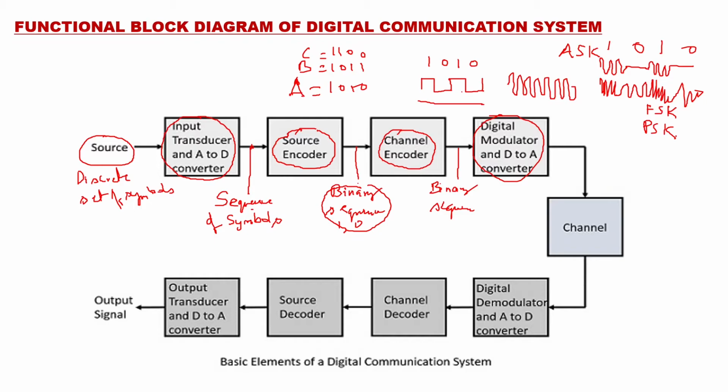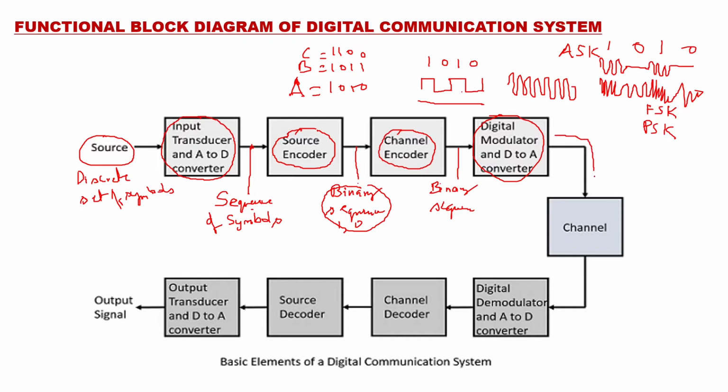Therefore the concepts of modulation vary, and these schemes are called amplitude shift keying, frequency shift keying, or phase shift keying. Any one of these schemes you can use and then send your signal on the channel.